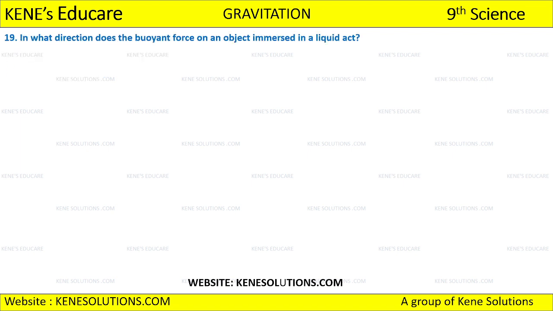Then in which direction does the buoyant force on an object immersed in a liquid act? We always know that it is going to act in the upward direction, right? Then why does a block of plastic released under water come up to the surface of water? Because for an object immersed in water, two forces act on it.